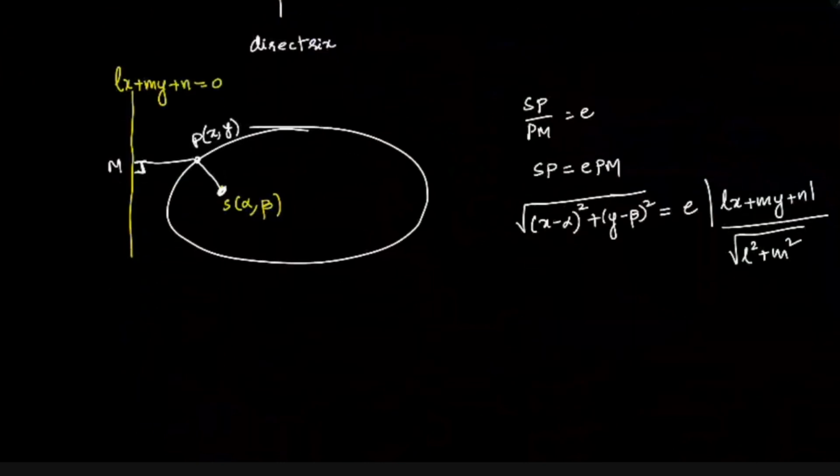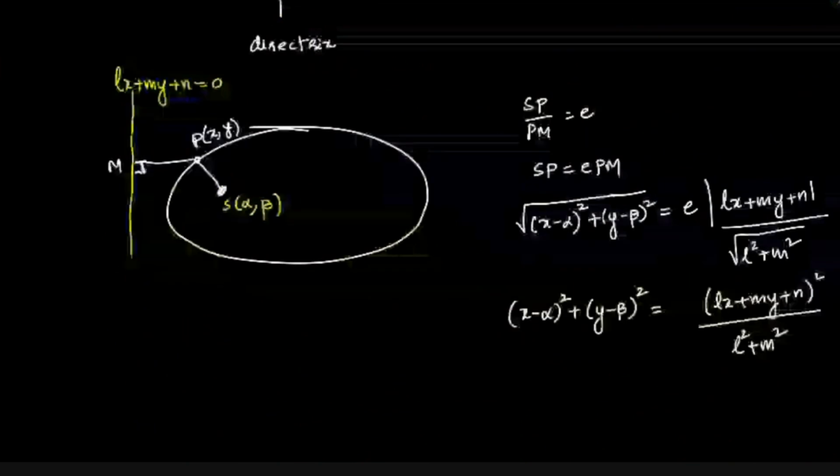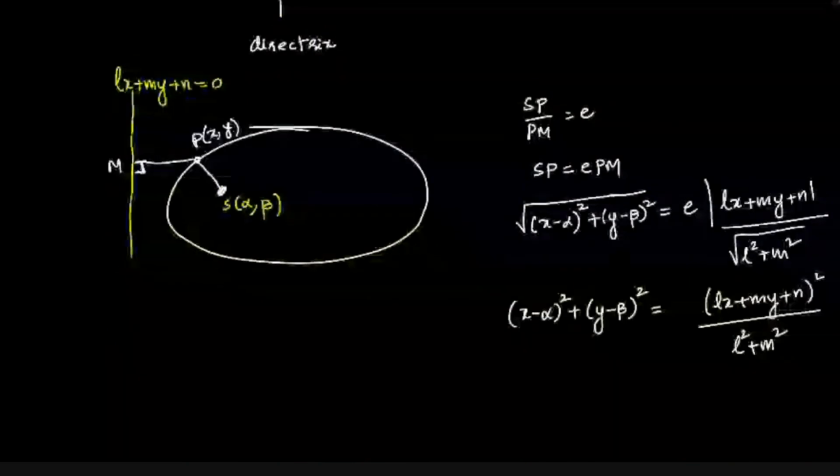Now I'll square both sides. In case of a parabola, the equation would be (x minus x-coordinate of focus) square plus (y minus y-coordinate of focus) square equal to the directrix expression square divided by l square plus m square. In case of an ellipse, an extra e square is coming.